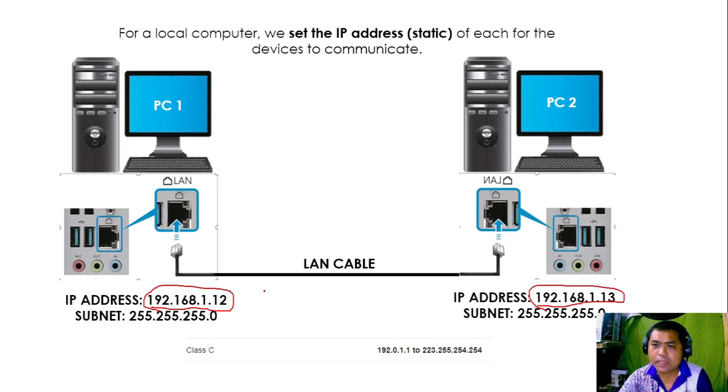These IP addresses are the identifier for each network device of our computers. Just like in our earlier example with the cellphone, when we text, we need their contact numbers. Same goes with your computer, from PC1 to PC2, what we need are the IP addresses.